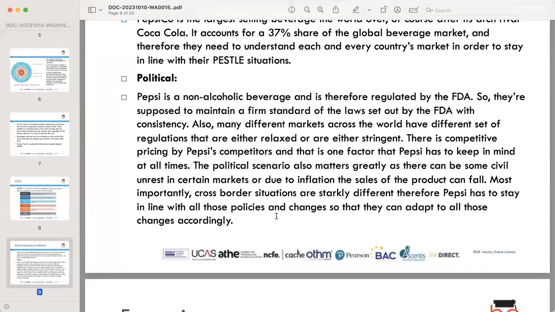The competitive pricing offered by Pepsi rivals is another aspect that Pepsi must continuously monitor. Political scenarios, including civil unrest or inflation, can significantly impact sales. Moreover, managing cross-border situations requires adapting to diverse policies and changes.